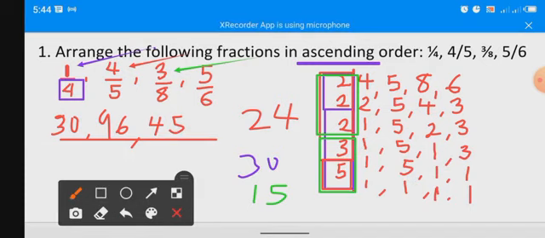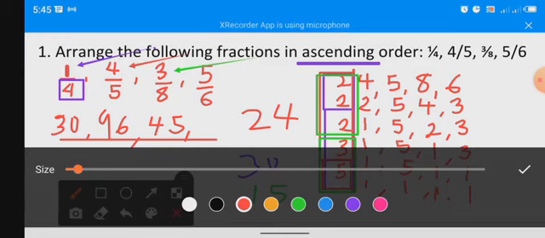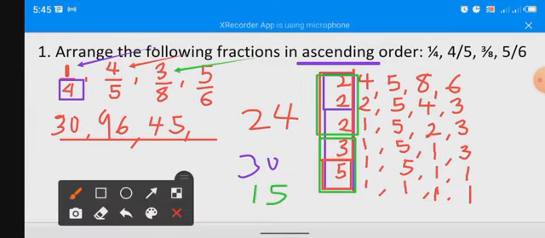All right, now to the next fraction, which is 5 over 6. Now we make use of 6. We look for 6 here. Where is 6? 6 is 2 times 3.